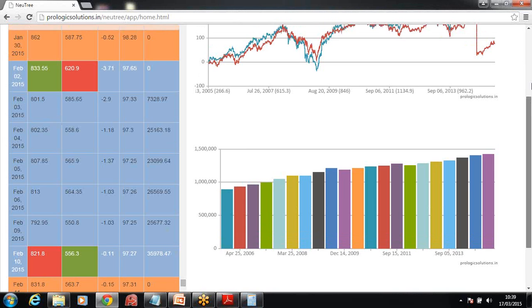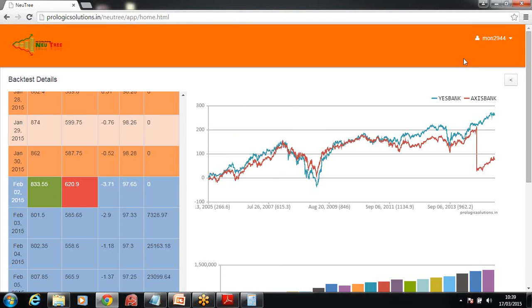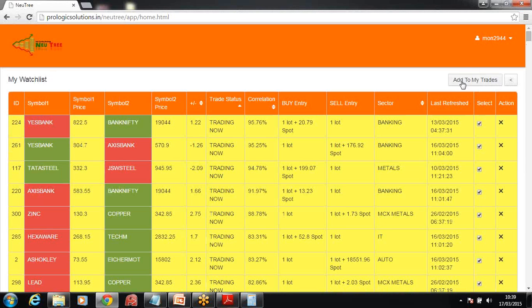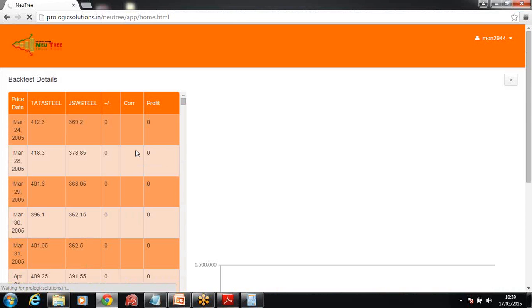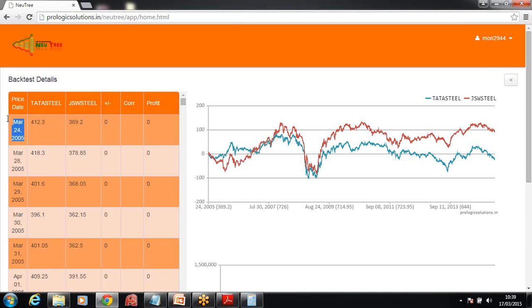So I have just shown you one trade. Now let me get into the next few trades. Now let me take Tata Steel and JSW Steel, which is the metal sector. Now you can just see again we have the data from 2005.